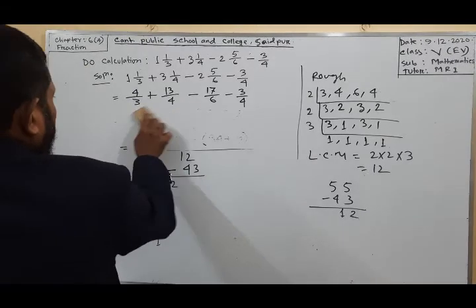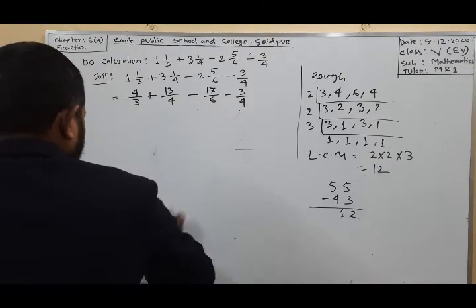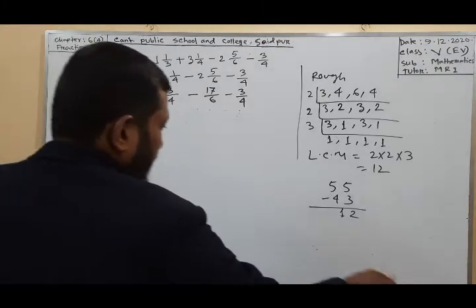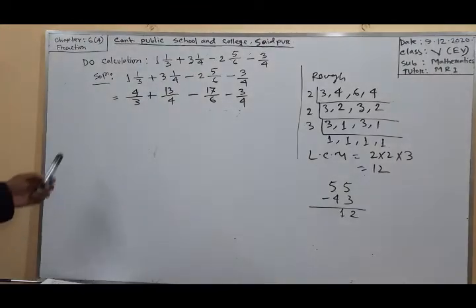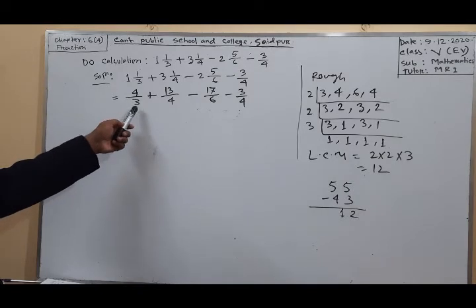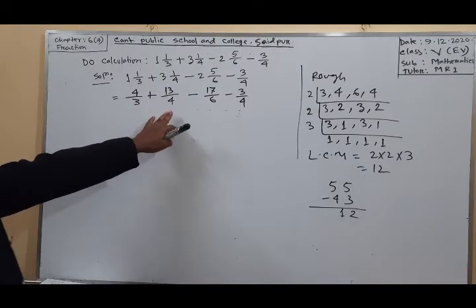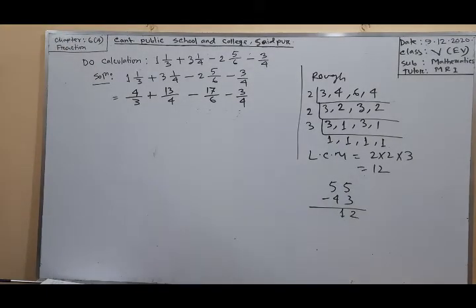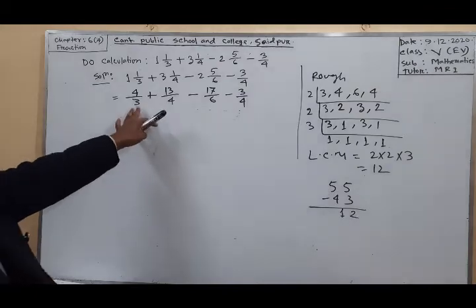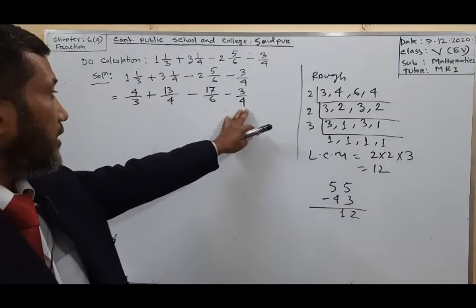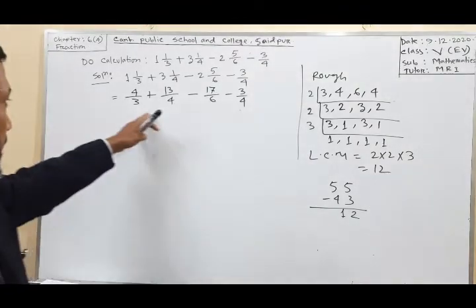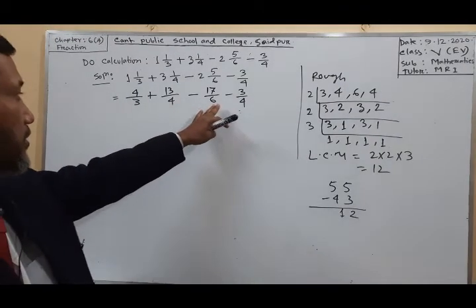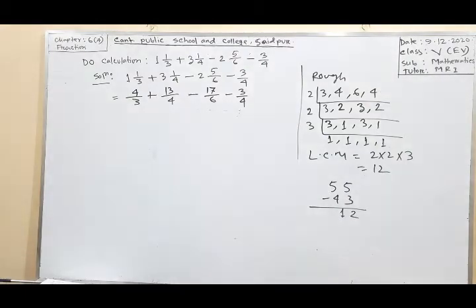Our first two lines are needed to solve this. Dear learner, we are seeing the denominator of the first fraction is 3, the second fraction 4, the third fraction 6 and the fourth fraction 4. We want to make them equal denominators. So first we need the LCM of 3, 4, 6 and 4, which we have already done. The LCM is 12.